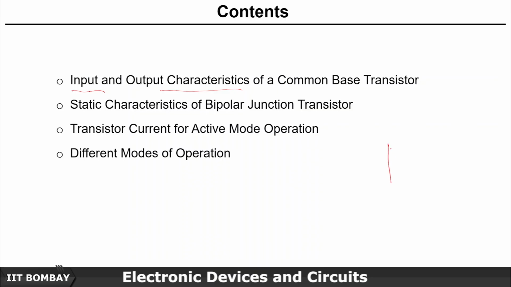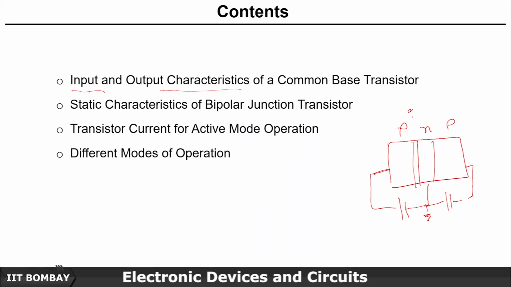So if this is, let us say, P and P, this is forward biased and this one is reverse biased. The IV characteristics of this junction, the input, and the IV characteristics of this junction, the output, are what we are going to look into.